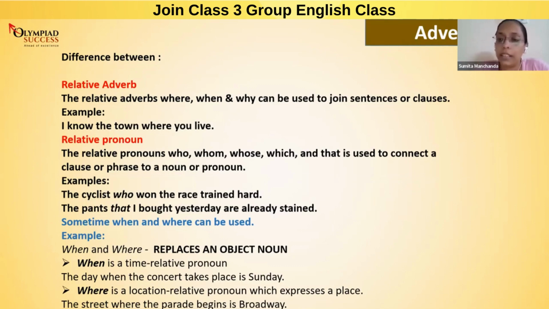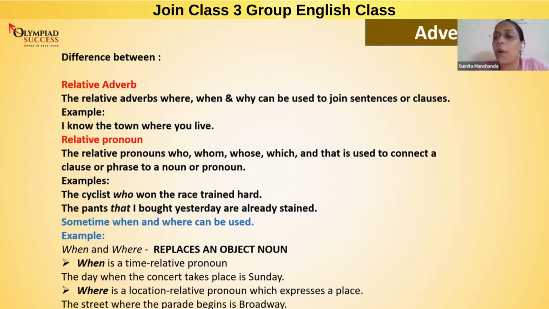If it is joining that sentence to a noun or pronoun, then it is a relative pronoun. Very good. Yes, that's correct. If it is joining two sentences or clauses, it is a relative adverb. Yes, that's correct.